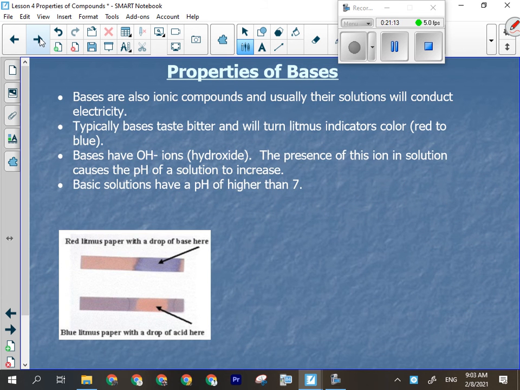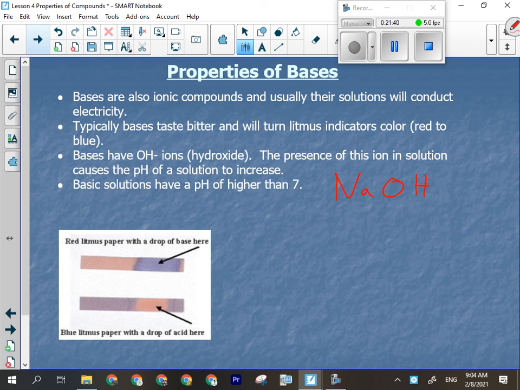Now, bases. Your strong bases are also going to be ionic compounds. Okay, and so a strong base could look like this. We actually talked about this one the other day. This is sodium hydroxide. It's the stuff that's in oven cleaner. It's in lye, the stuff that they put down pit toilets to keep them from getting too smelly because it kills all the bacteria.